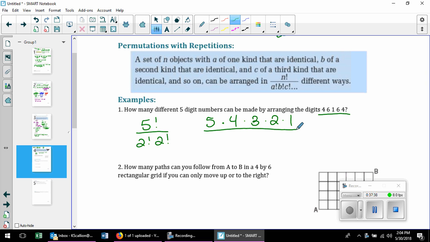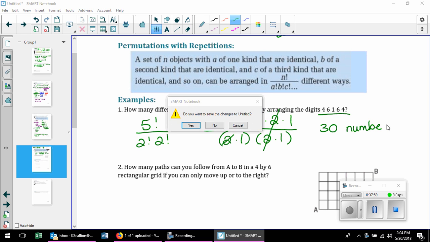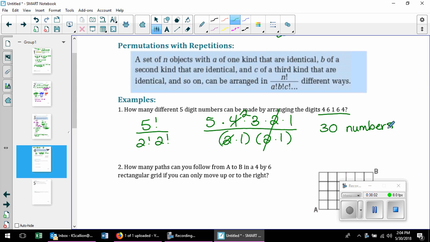How come I didn't just leave that at 2 factorial? I would do this. 5 times 2 is 10. 10 times 3 is 30. So that would be a really good non-calculator question. That's something that is expected, that you can multiply 3 times 10.